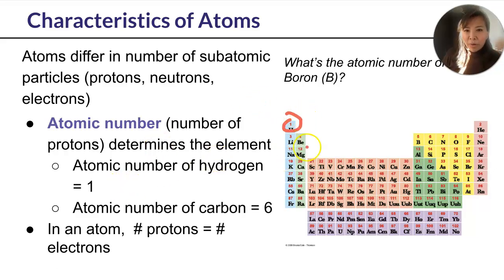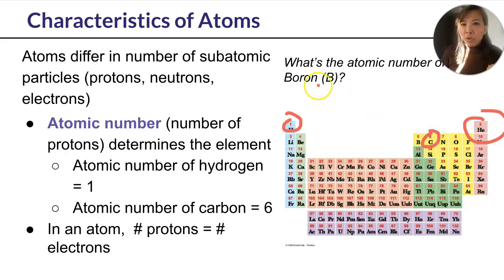So for example, hydrogen, which I just circled right here, has 1 proton. All hydrogen atoms have 1 proton. Once you have 2 protons, we're no longer hydrogen. Now we are helium. Carbon, for example, you can see right here, is 6. So it has 6 protons.